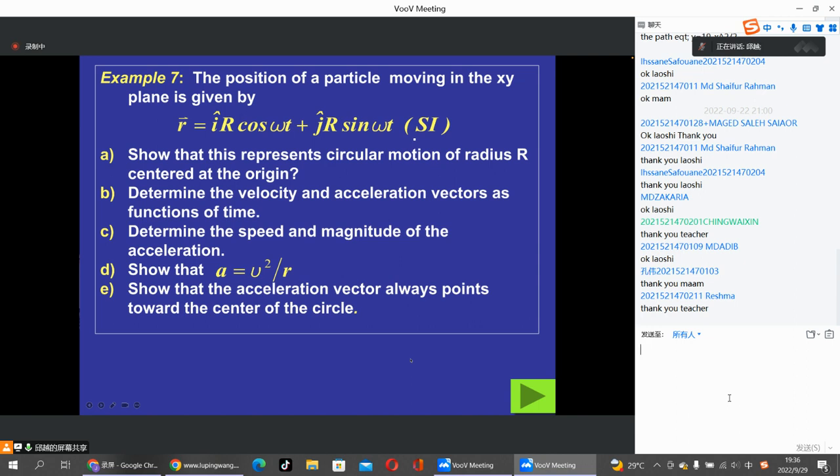Okay, then example 7. The position of a particle moving in the xy plane is given by r equals i R cosine omega t, and j R sine omega t. Problem A, show that this represents circular motion of radius R centered at the origin.